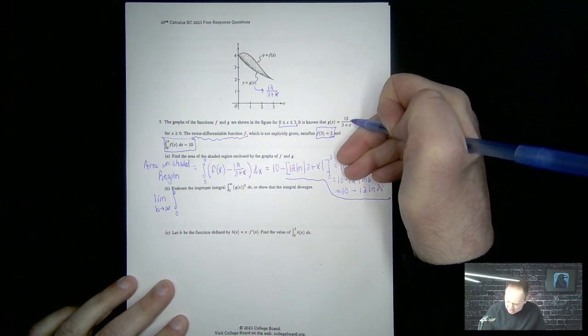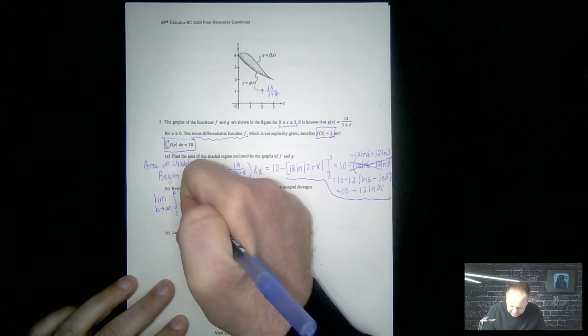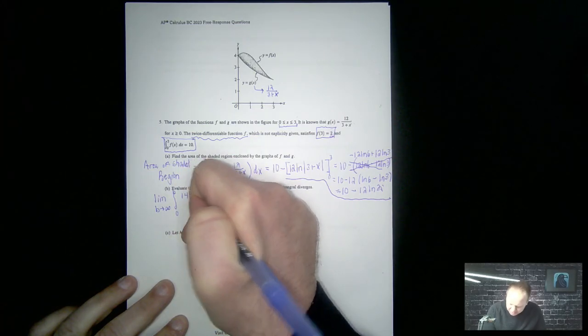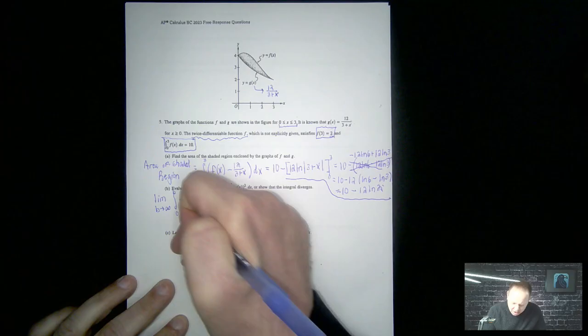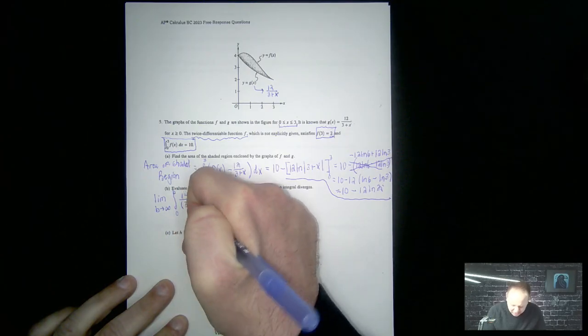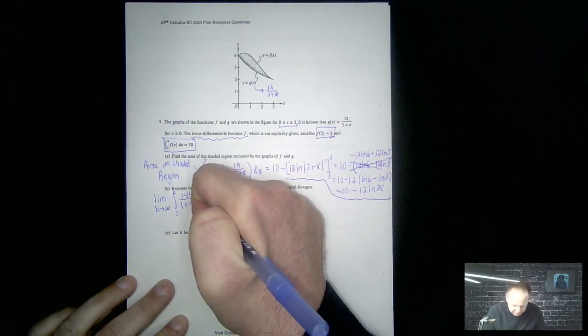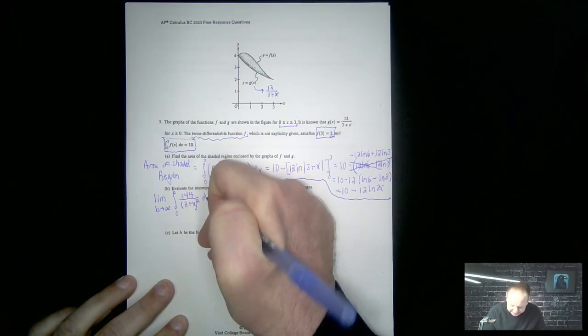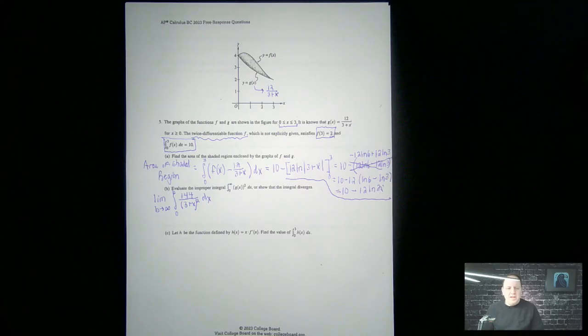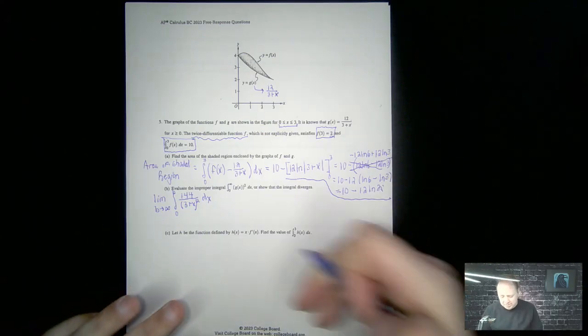Now I'm going to square my g, which isn't that hard to do without doing much work. So that'd be 144 all over parenthesis 3 plus x squared dx. Now this would give me a substitution.